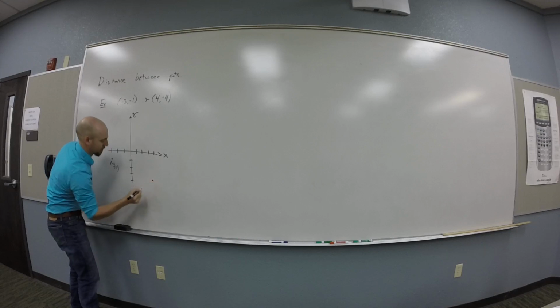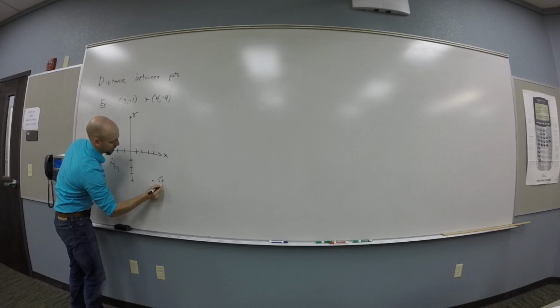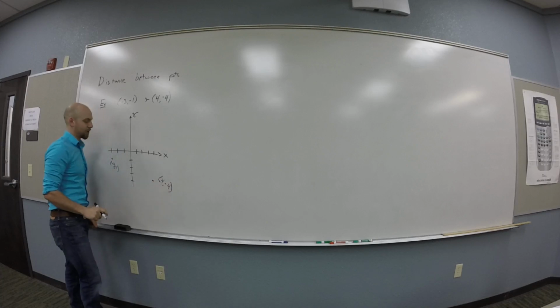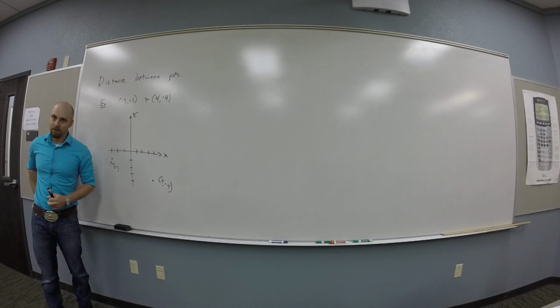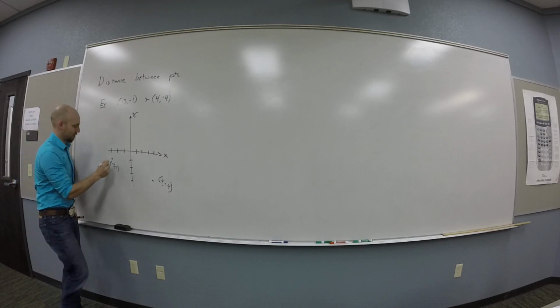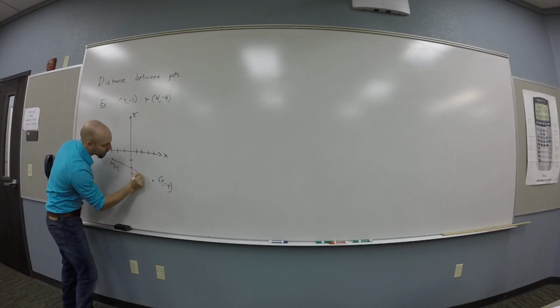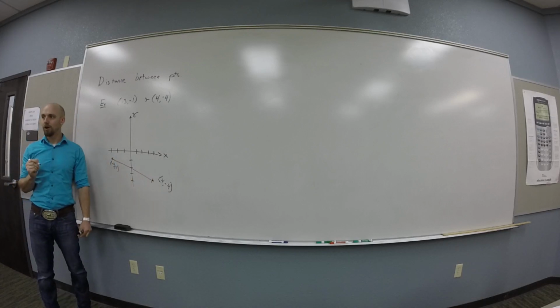So it's over here. Okay. I want to know how far apart these are. Where's the picture for how far apart these are? A straight line. Okay. I should have a line in between them, right? Like this. This is the distance I'm interested in knowing, right?